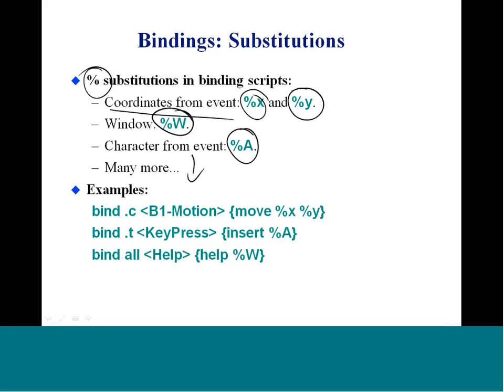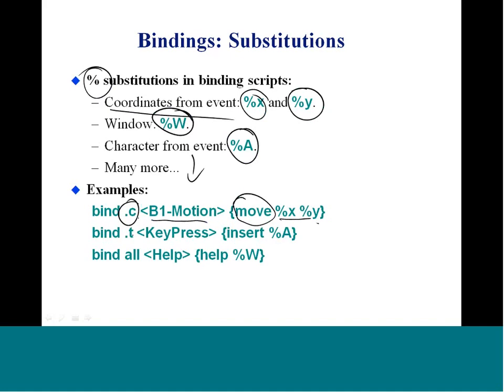Here are some examples. Again, this is the particular window, and here it's B1-Motion, which is the button press motion. We move to that x y. So this is one of the events that we can specify.